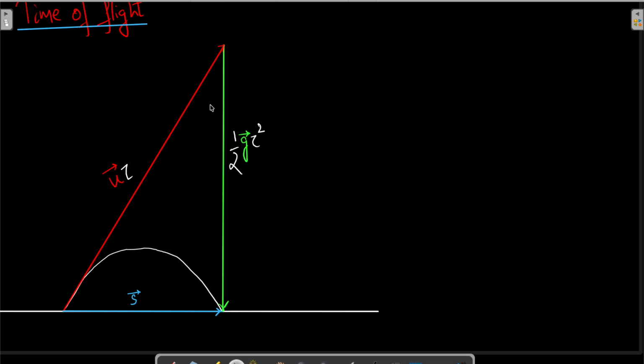Now, as I said, we have a triangle, and now we can use the normal geometric properties to find various things. One important thing to mention: this was for a general time tau, but now we are talking about a special time, which is the time of flight, when the complete flight is complete.